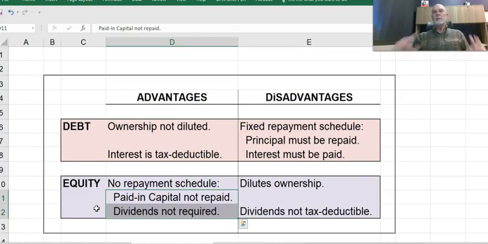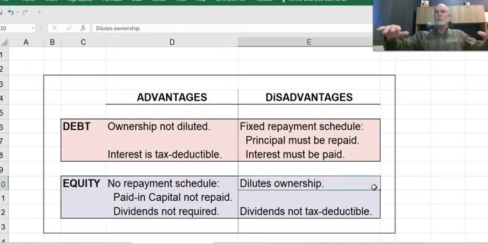The bad thing about issuing stock is now the ownership is spread out over more shares. So we would say it dilutes ownership. If you pay a dividend, you've got to divide that dividend out over more shares, so it dilutes how much each one is getting. The value of each share, we now have the value of the company divided over more shares.